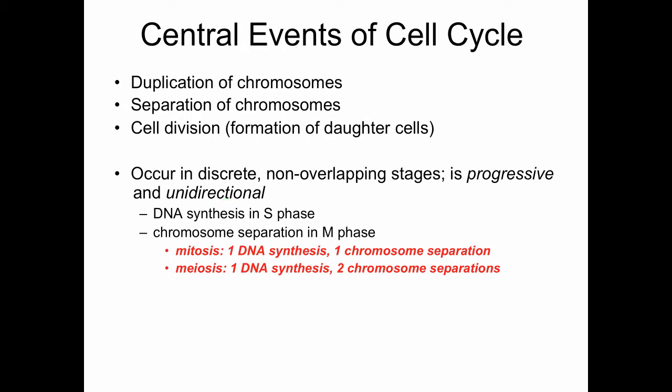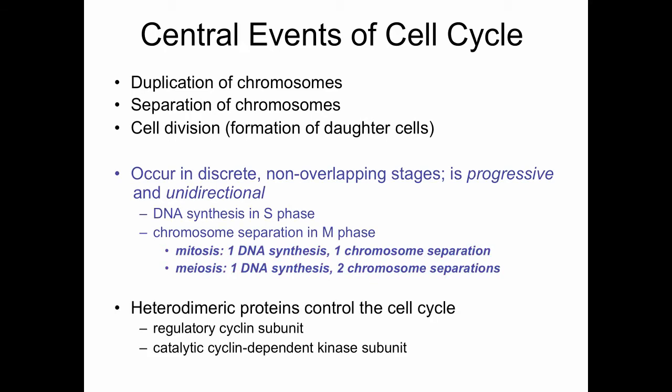You have to have DNA synthesis that occurs in the S phase of the cell cycle, and then chromosome separation occurs in the M phase of the cell cycle. For mitosis, there's 1 round of DNA synthesis and 1 chromosome separation. Meiosis has 1 round of DNA synthesis and 2 chromosome separations.